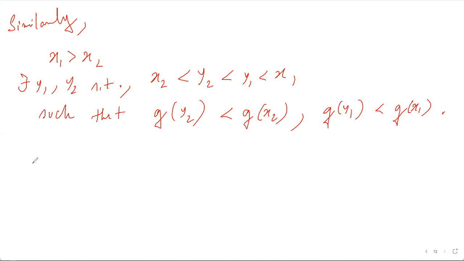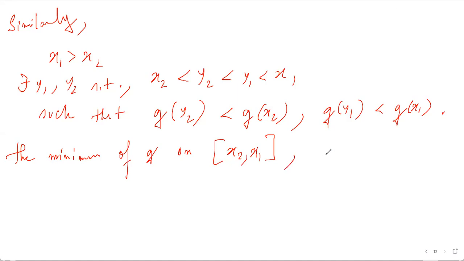Now again, the minimum of g on the segment x2, x1 is achieved at some point t belonging to x1, x2, and again that would imply that g dash t is equal to 0, and that is impossible.